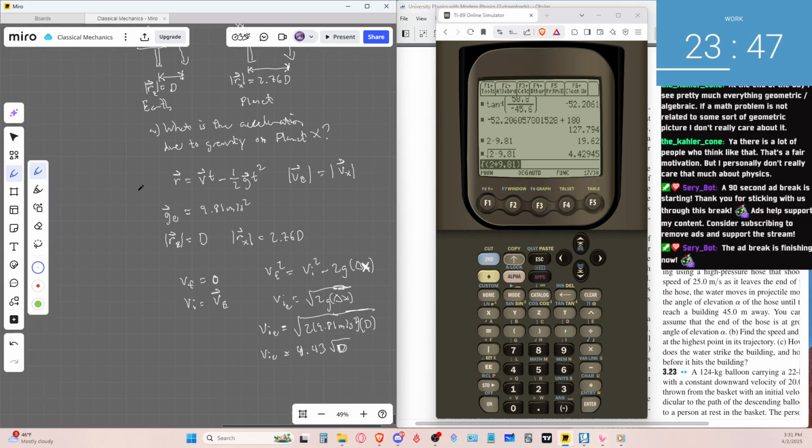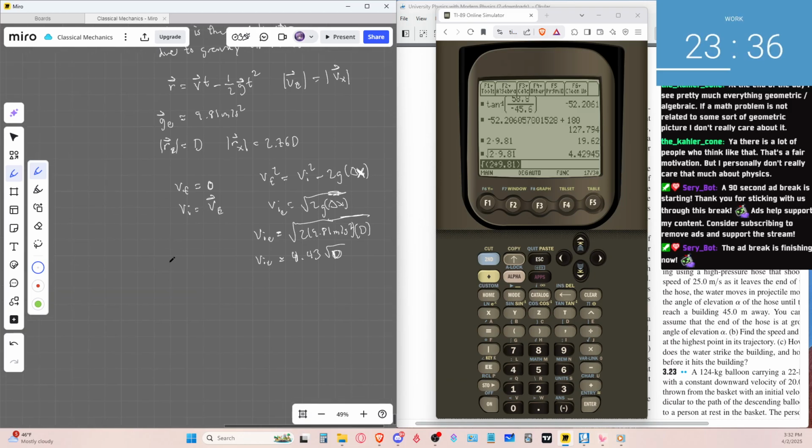Alright, so now we have to figure out what the gravity is for planet X. So in this case, wait, I mean, this would be the y coordinate.